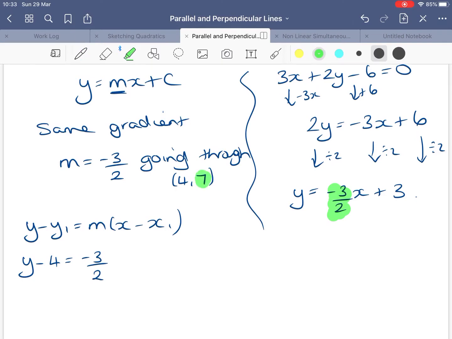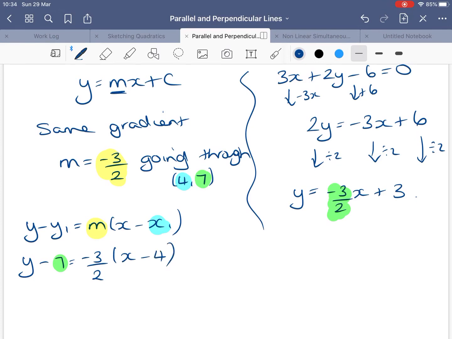Sorry, I made a mistake there, because that should have been y minus 7 equals, because my y value is there, my y1, my gradient goes there, and then my x value goes here, so I'd have x minus 4.